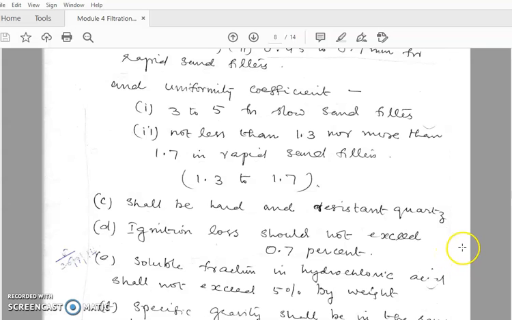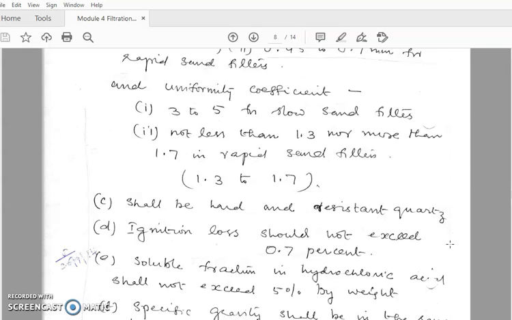Then the next one is, the soluble fraction in hydrochloric acid shall not exceed 5% by weight. That is, if you put the sand in hydrochloric acid, it should not lose its weight by 5%.